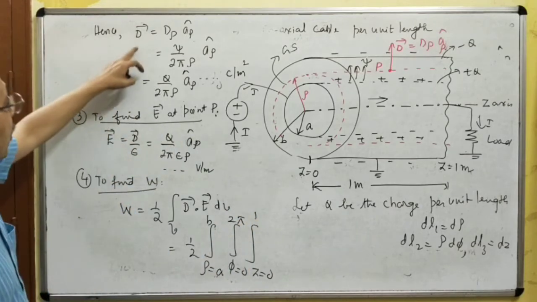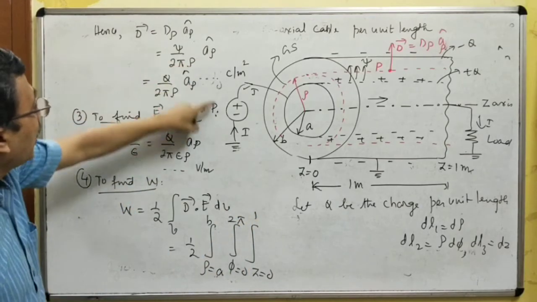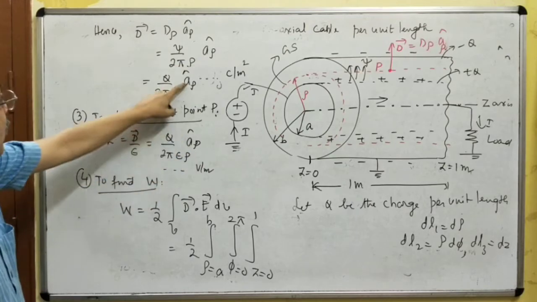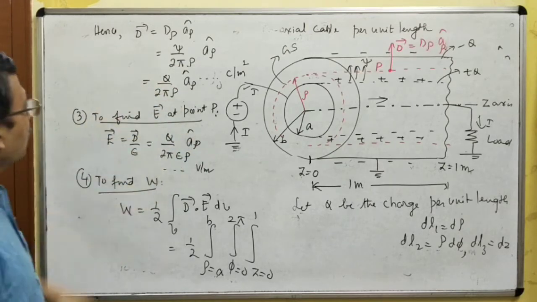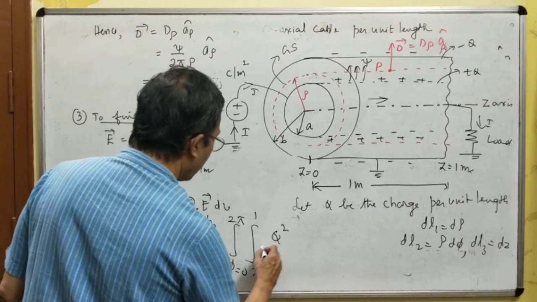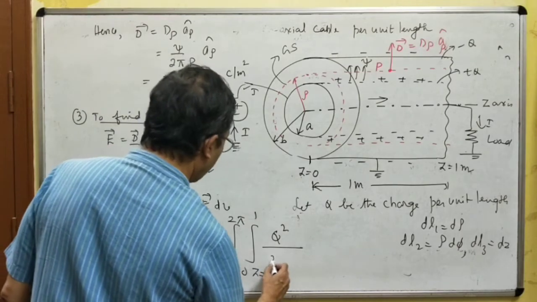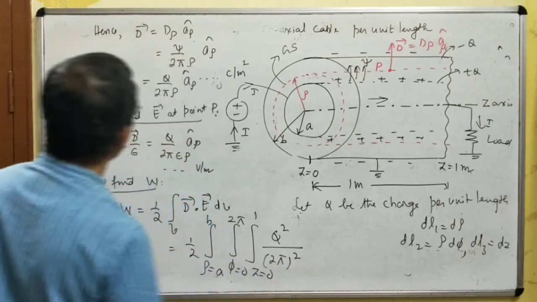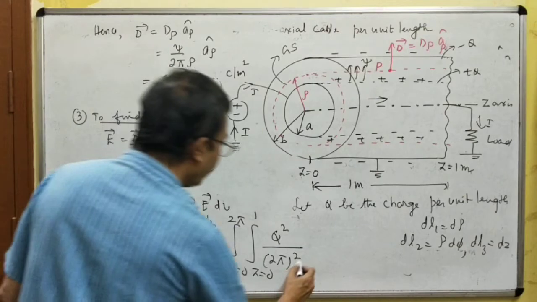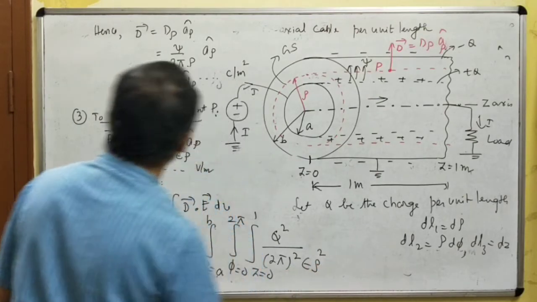To take the dot product of vector D and vector E: a rho cap dot a rho cap is 1. Q into Q is Q square. 2 pi into 2 pi is 2 pi whole square, times epsilon into rho square.